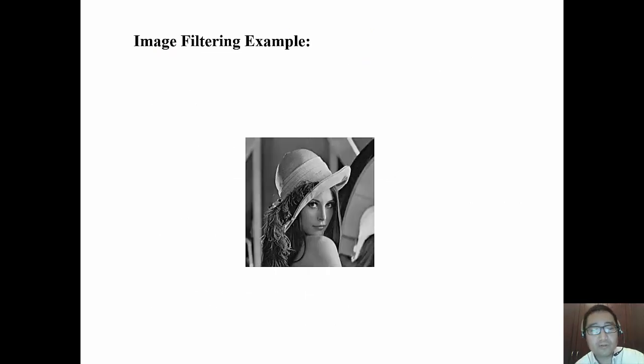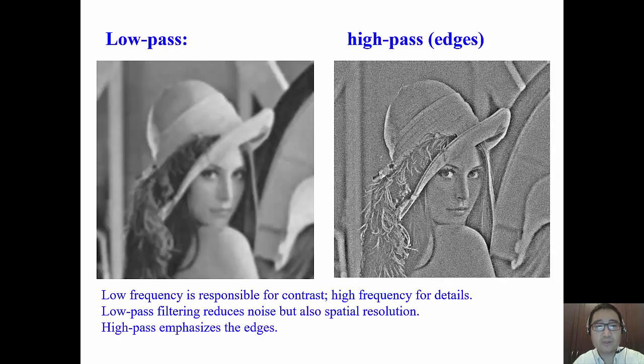So lower level processing, here's an example. This is a figure that's been used often in the image processing field. We could have images that you can do a low pass filtering, and typically when you do a low pass filtering, you lose some of the resolution, but the image will look smoother and less noisy.